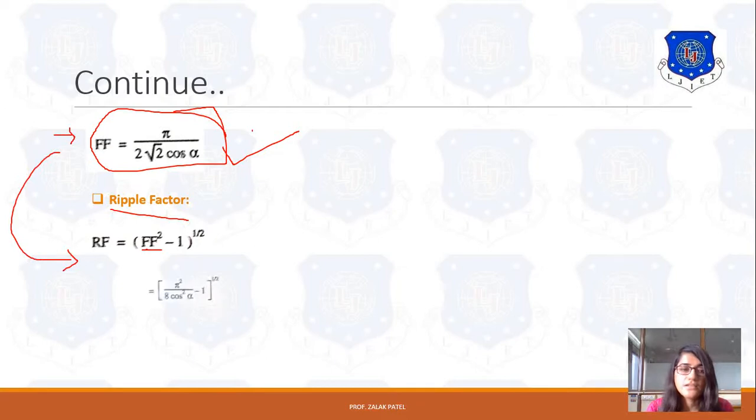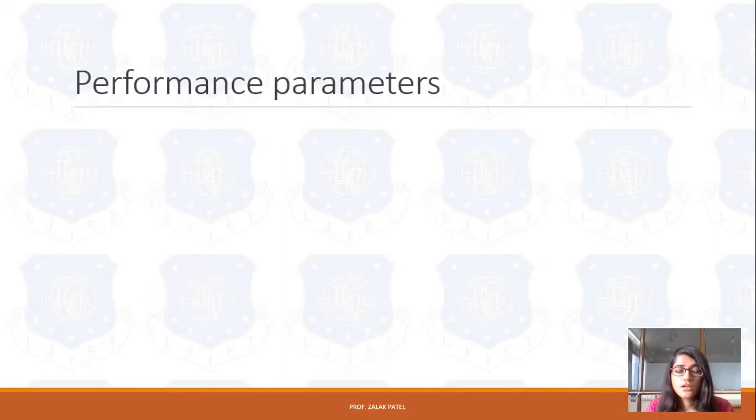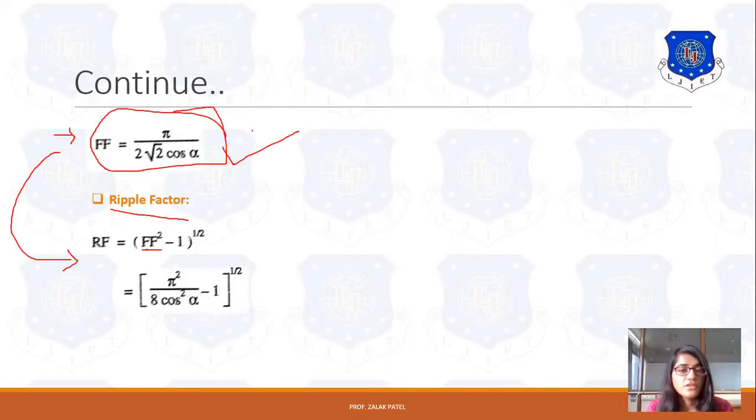So it is like this. Form factor is pi upon 2 root 2 cos alpha, and the square of this term will be pi square upon 2 root 2 squared, which means 8 cos square alpha, minus 1 raised to 1 by 2. So this is the final equation of the ripple factor.